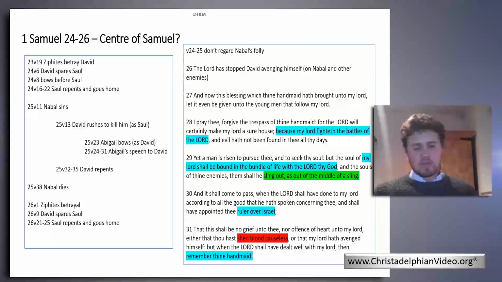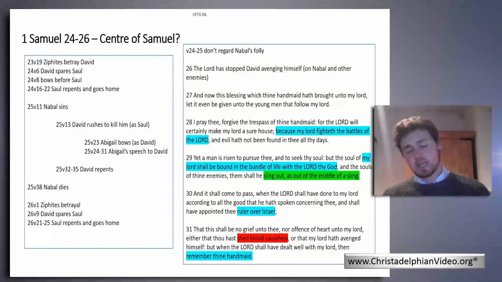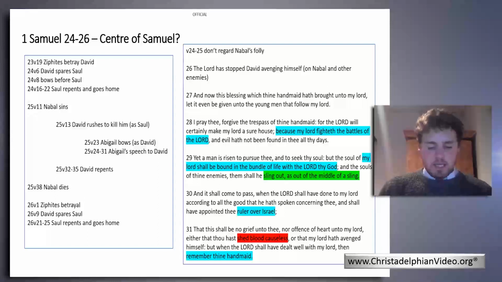And that contrasts with the attitude that he's had up until this point, which is a consistent inquiry of God. What should I do? In chapter 23 in particular, that's brought out, whereas every step of the way, David asks God what he should do. He hasn't done that here, and he's almost about to slay Nabal.